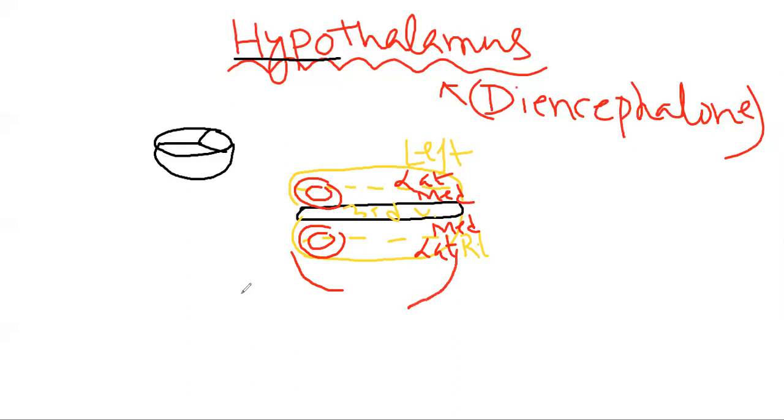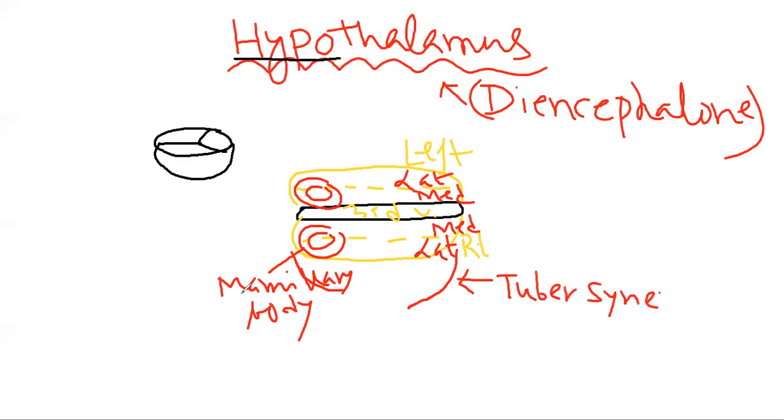So this is the mammillary body, and this is the swelling known as the tuber cinereum.